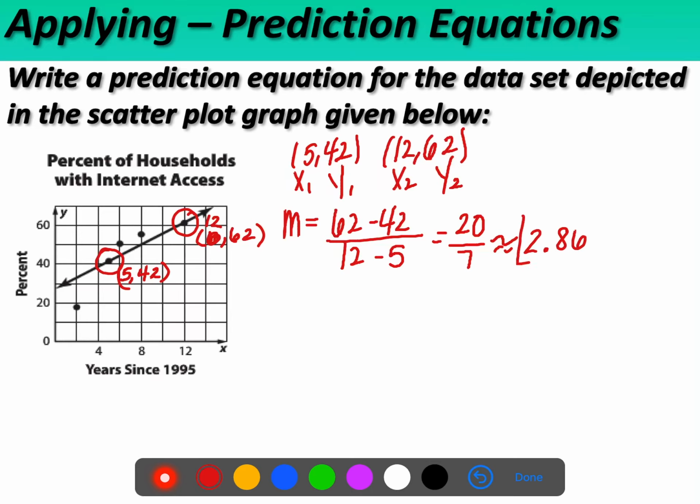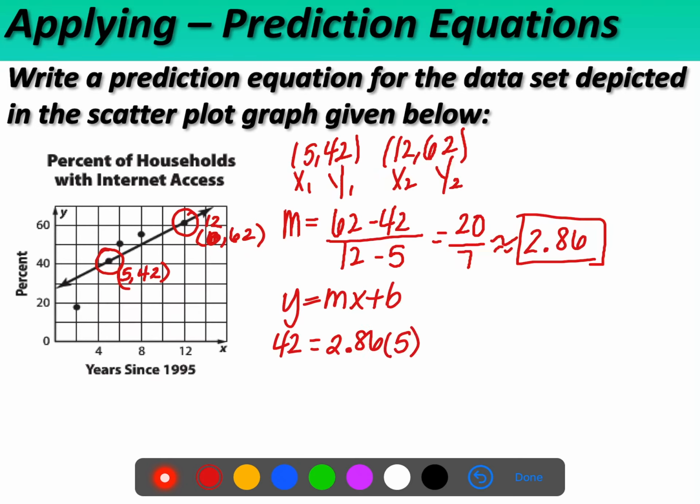So now using this slope, I can choose either one of those ordered pairs, and I'm going to plug them in. So I'm going to use 5, 42. And I'm going to solve for my b now.